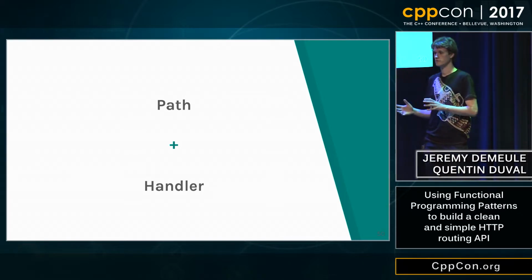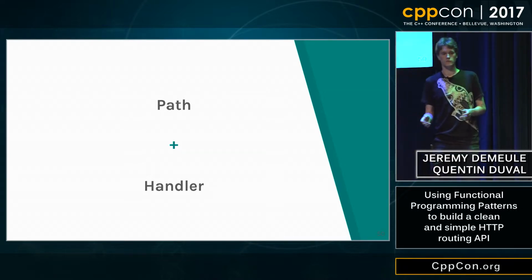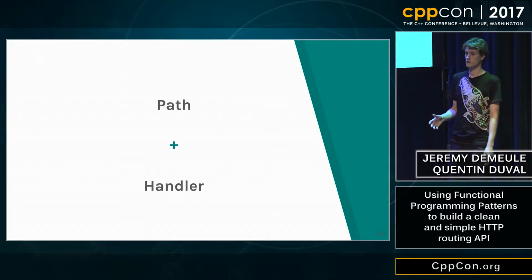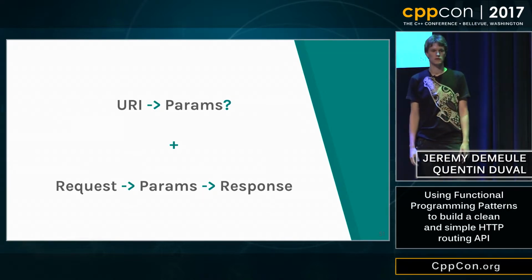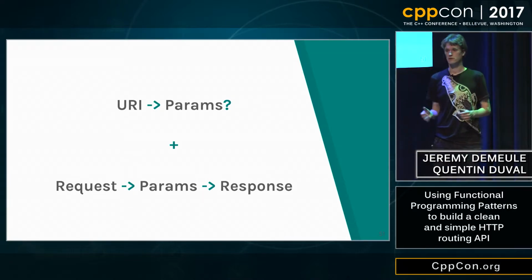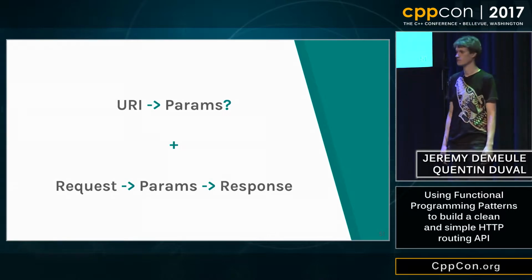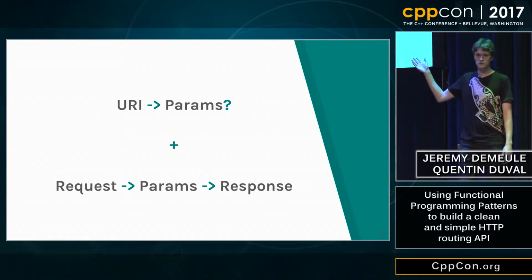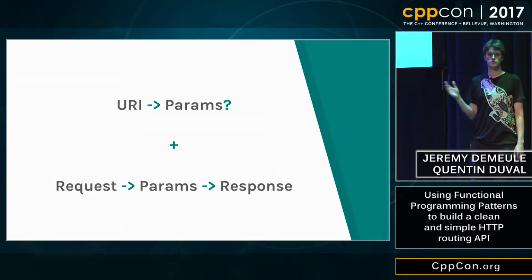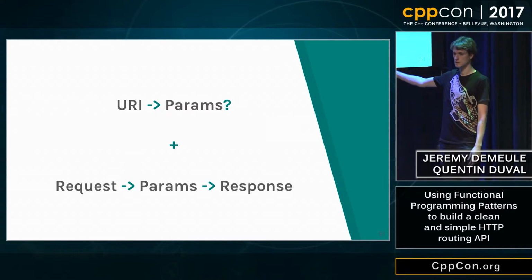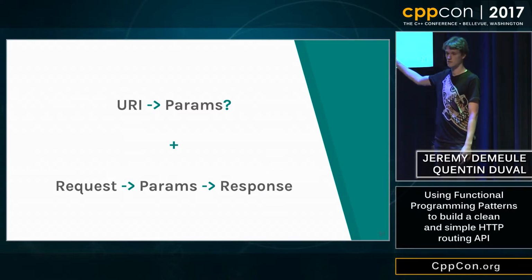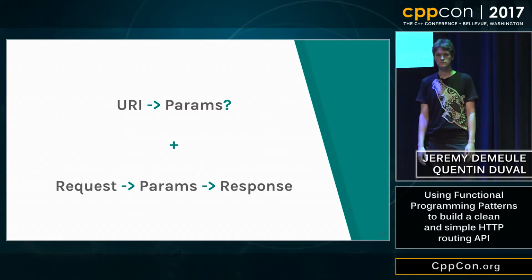How can we find the semantic model of a route? Well, we are going to look at the semantic model of the path and the handler, and we are going to try to match them and see what we get. So the path was a function from a URI to an optional tuple of parameters. And the handler was a function which takes a request, then a tuple of parameters, and returns a response.